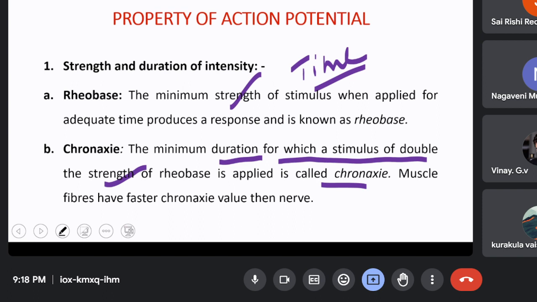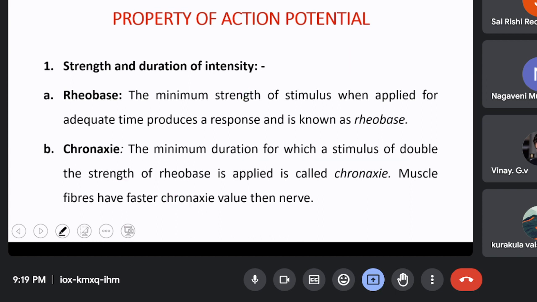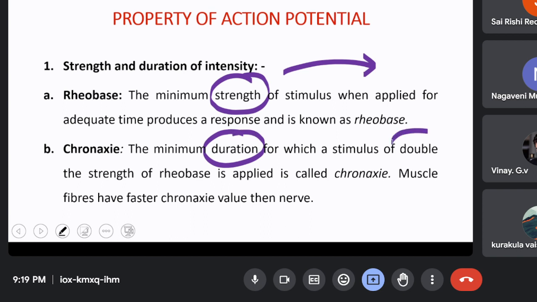Muscle fibers are found to have faster chronaxy value than nerve. So here the difference is that rheobase is related to strength given for adequate time. Chronaxy is the duration for a double strength of rheobase value. That is the relation between these two.